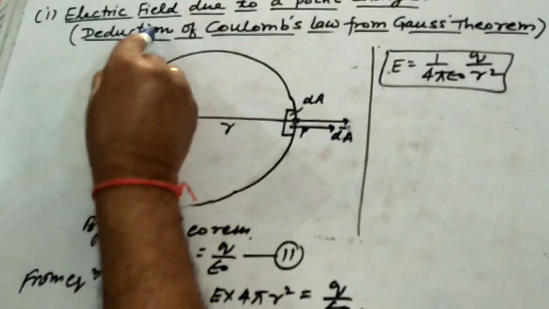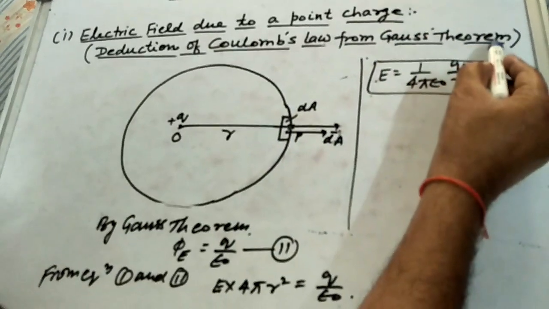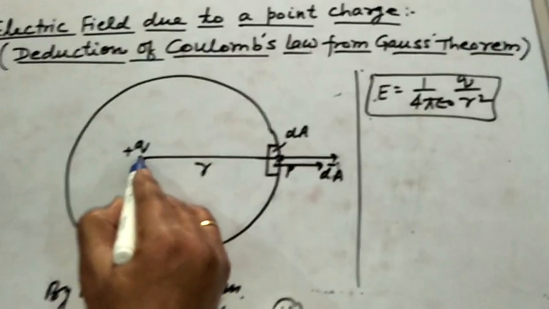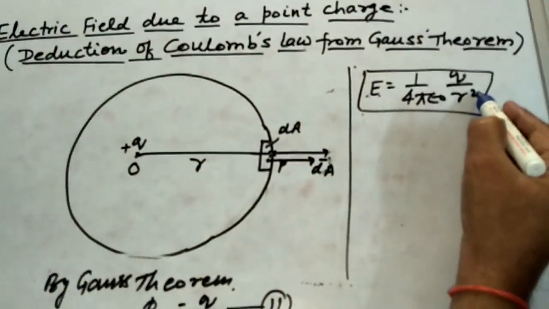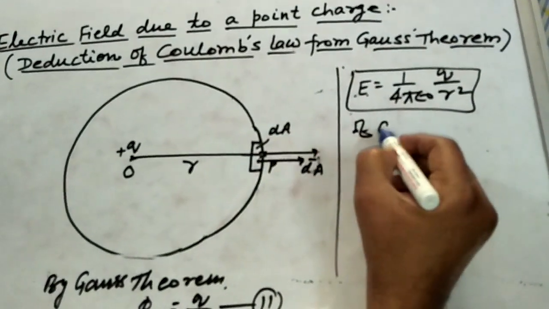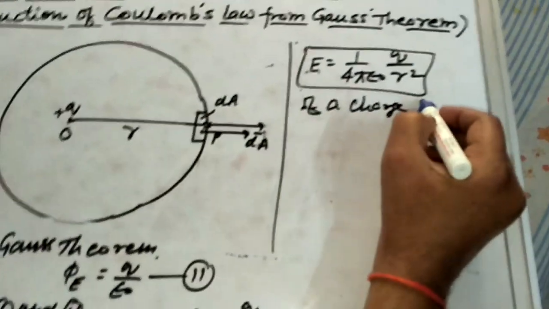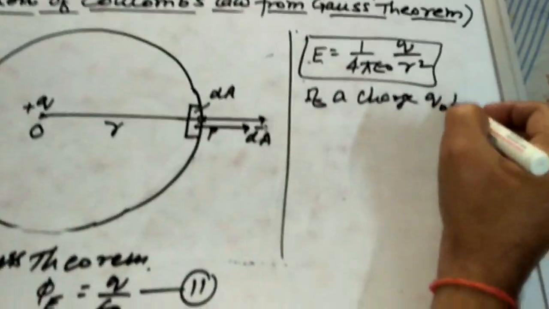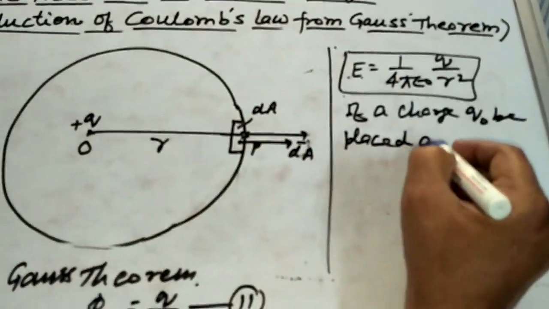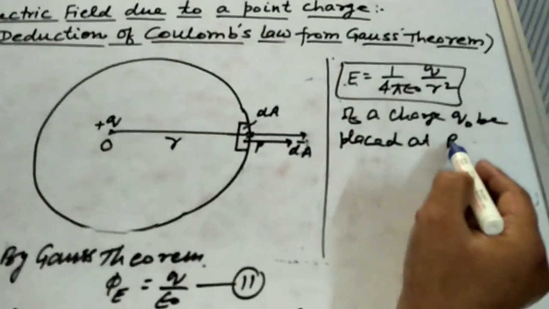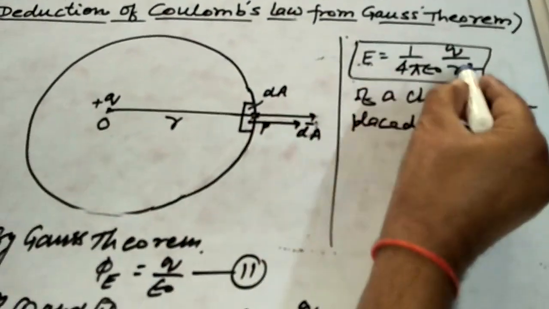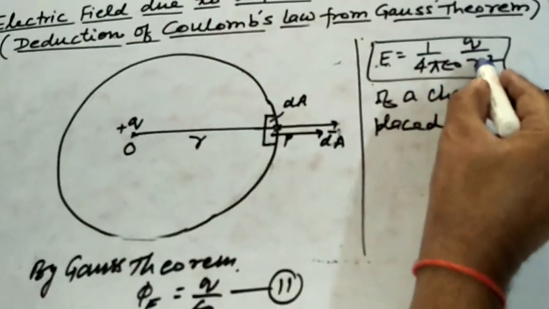And also, how can you derive the expression for Coulomb's law from the Gauss theorem? Already you know, at the point P, the electric field due to this charge plus Q is 1 upon 4 pi epsilon naught Q by r square. If a charge Q naught is placed at P, remember this, the electric field at point P is E, which is 1 upon 4 pi epsilon naught Q upon r square.